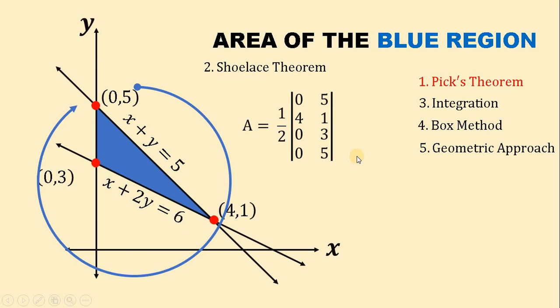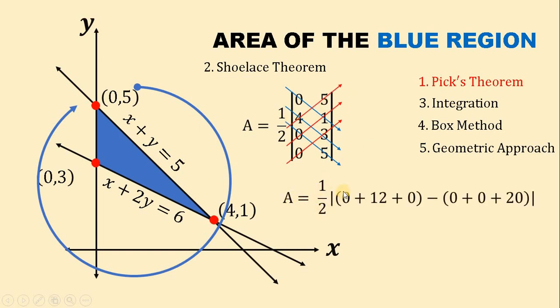What we're going to do is multiply 0 times 1, 4 times 3, 0 times 5, and then subtract the product of 0 times 3, 0 times 1, and 4 times 5. This will give us 1/2 times the absolute value of 0 plus 12 plus 0 minus the product of 0 times 3 which is 0, 0 times 1 is 0, 4 times 5 is 20.